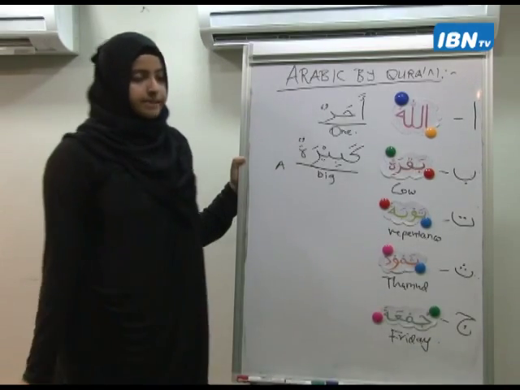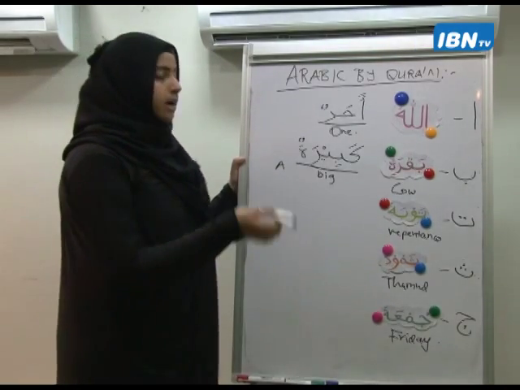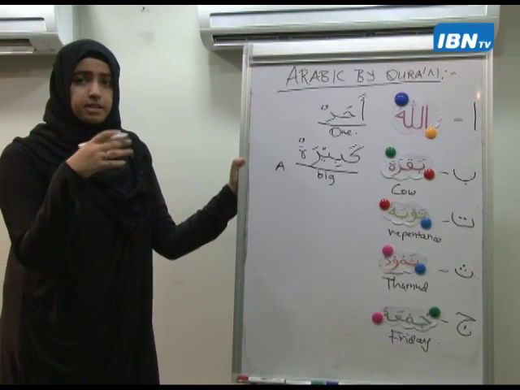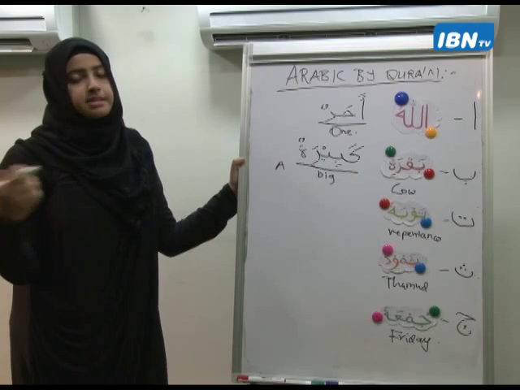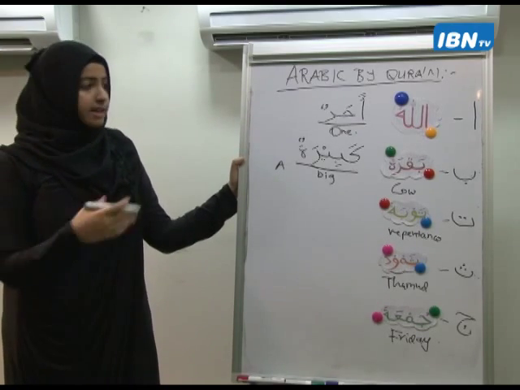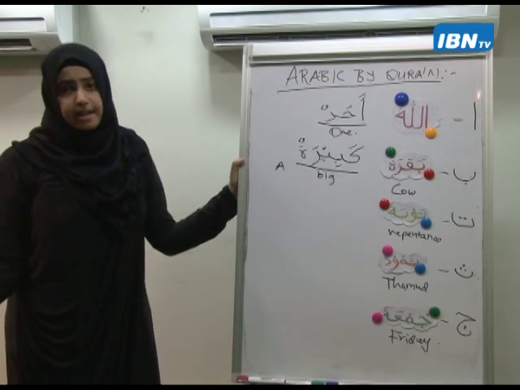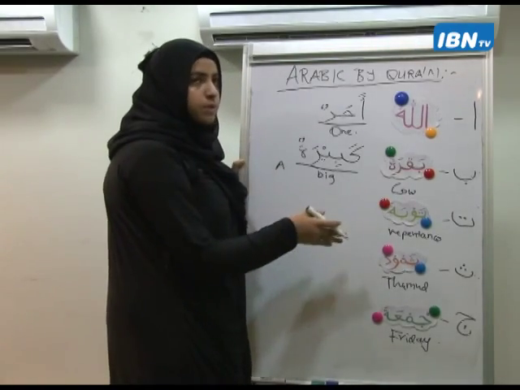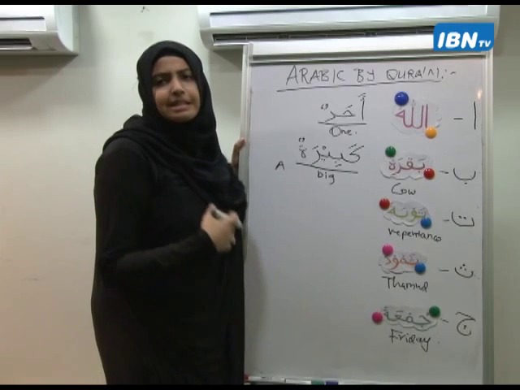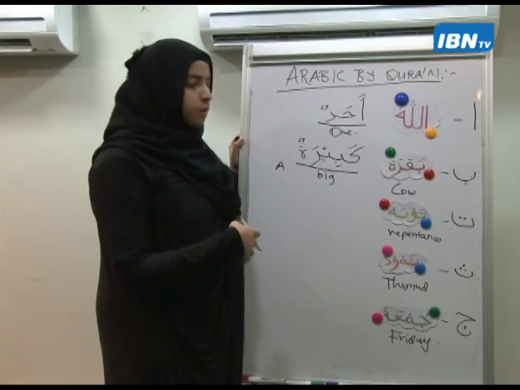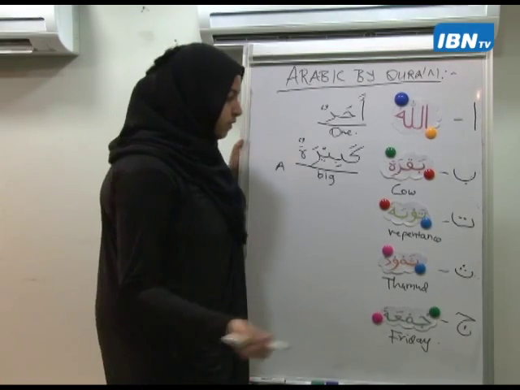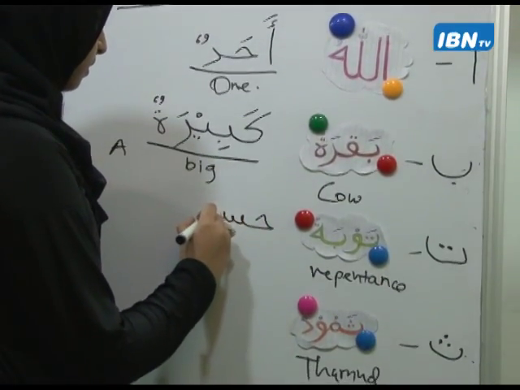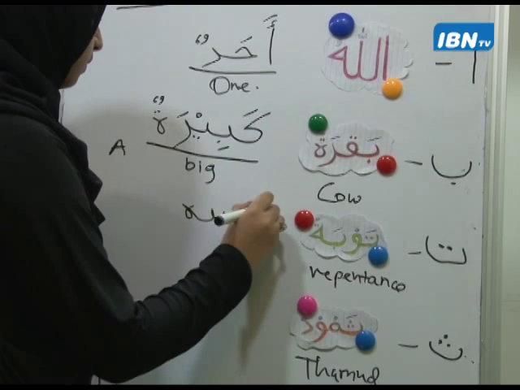Going to the next word. It said tawbatun. Again, tawbatun, is it mudhakkar, masculine, or is it muannath, feminine? We said tawbatun is muannath, right? It falls under muannath. So tawbatun, if I want to say repentance is good, I'll say tawbatun hasanatun.